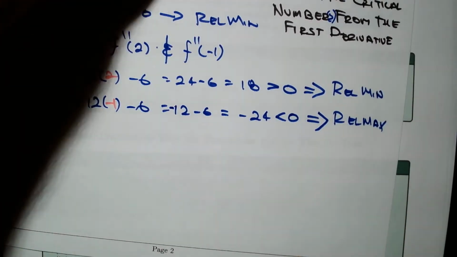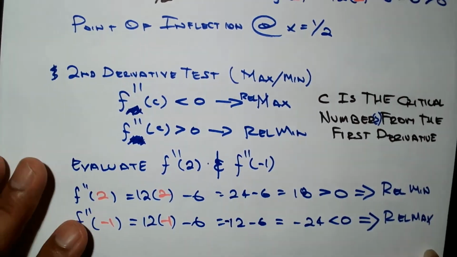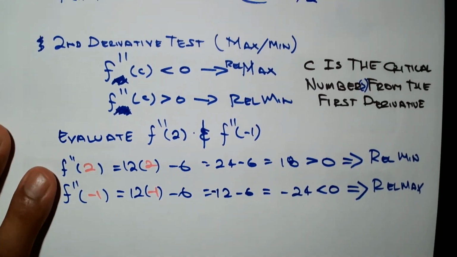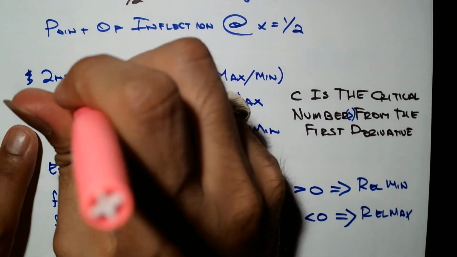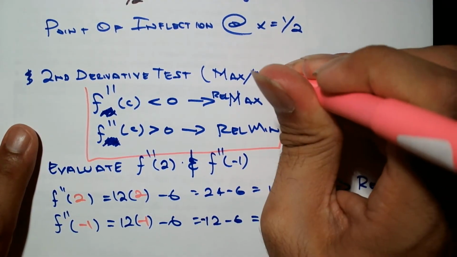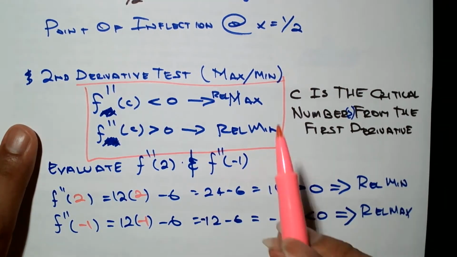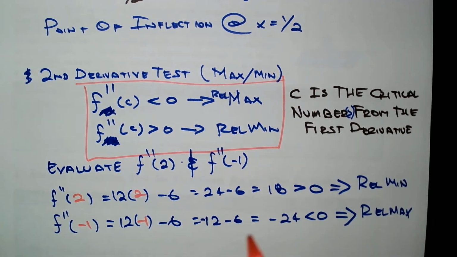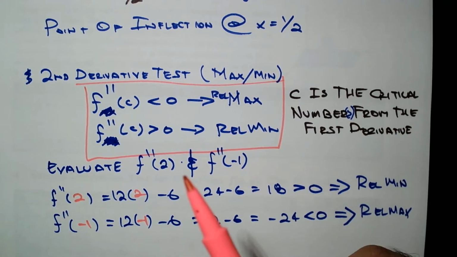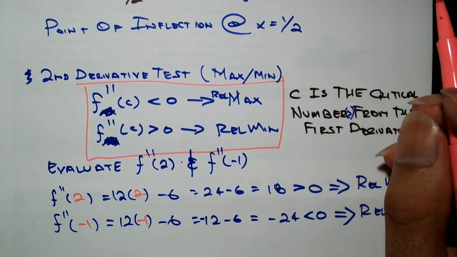Alright, so this is the part I'm interested in the most, because this idea right here of the second derivative test will be extended to the multivariable function idea and the process that we're going to be following.